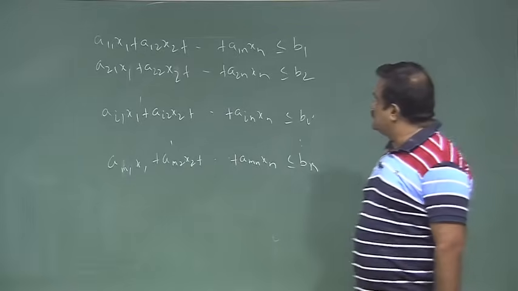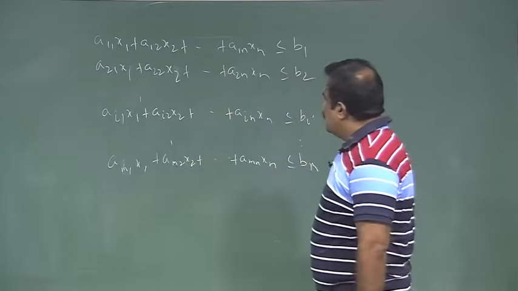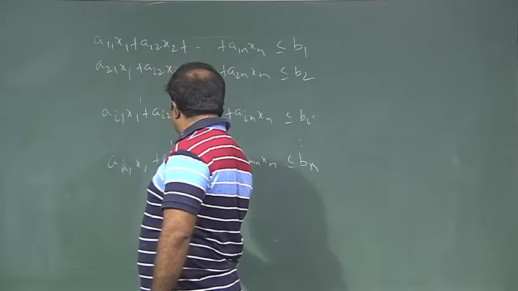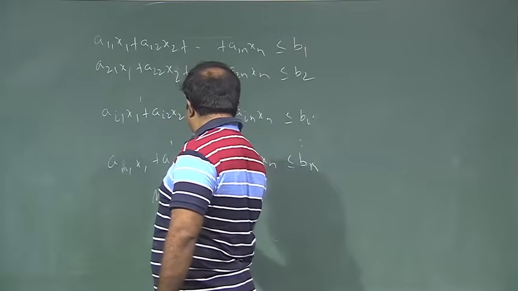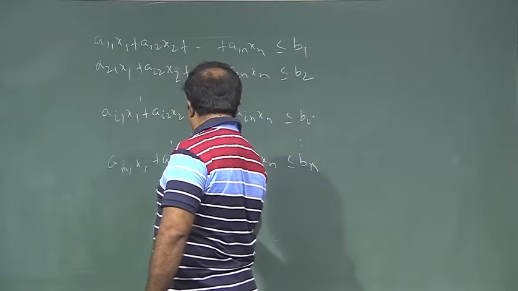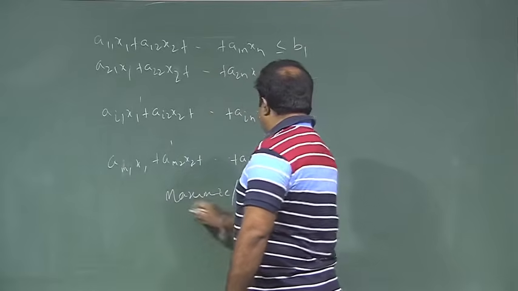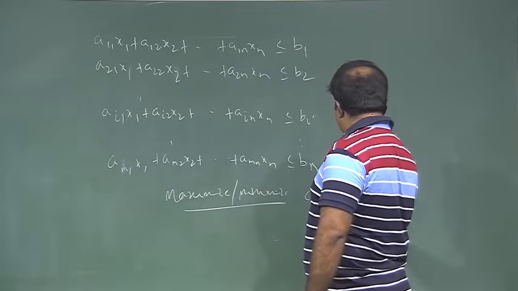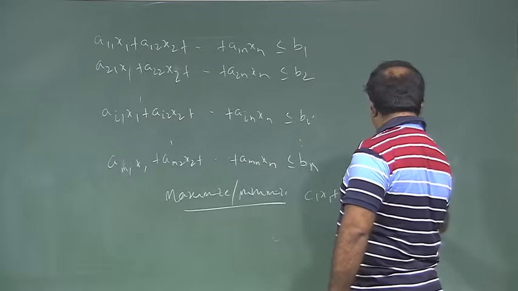Now our x1, x2, up to xn must satisfy this system, and must also maximize or minimize some objective function, like c1 x1 plus c2 x2 plus up to cn xn.